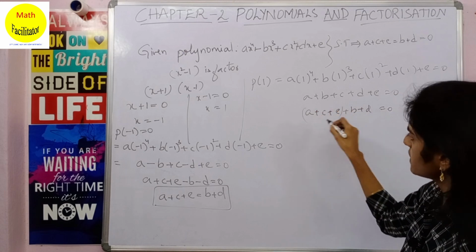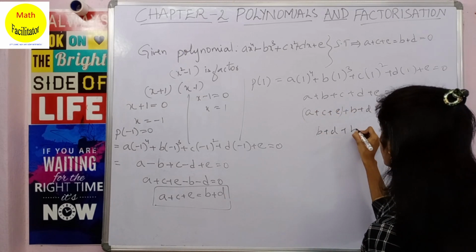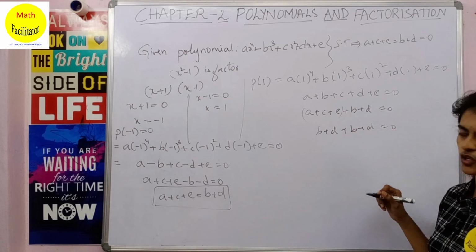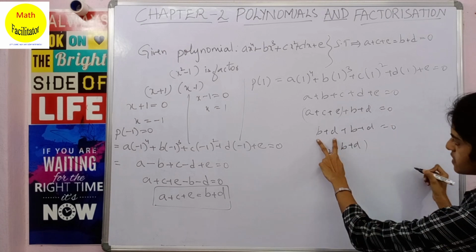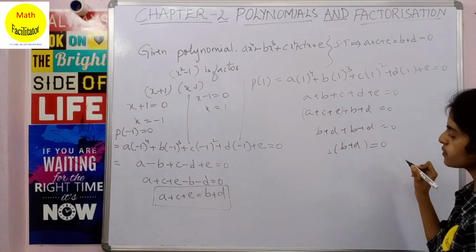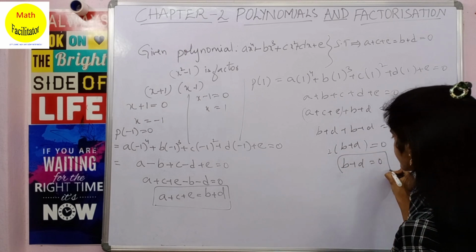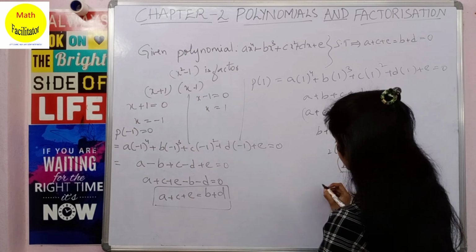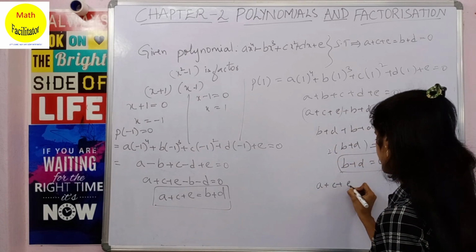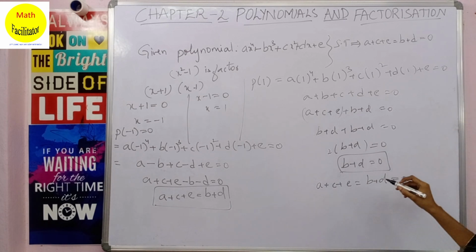Now a plus c plus e is nothing but b plus d, as you have seen here. So this is 2 into b plus d, which is 0. So b plus d is 0. But you know that b plus d is nothing but a plus c plus e, so a plus c plus e is also 0. Clear? So this is how you will prove it.